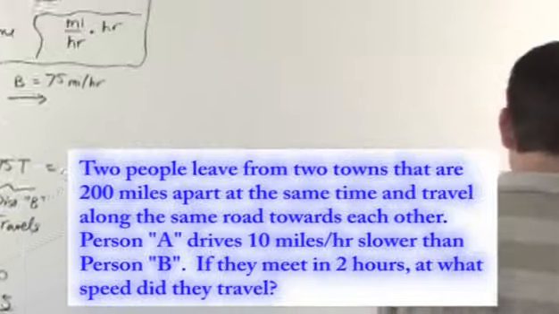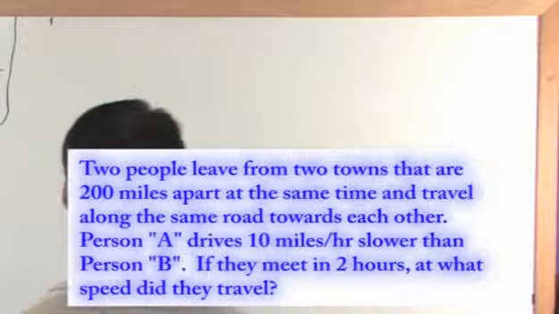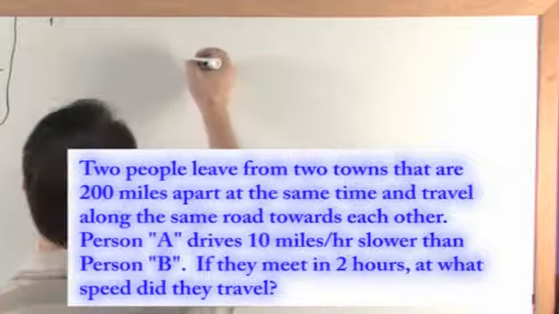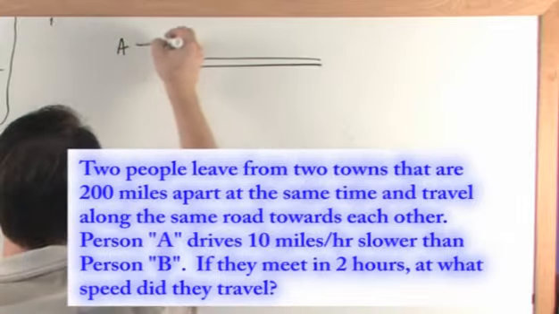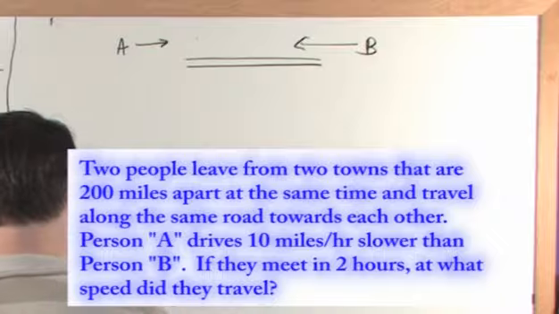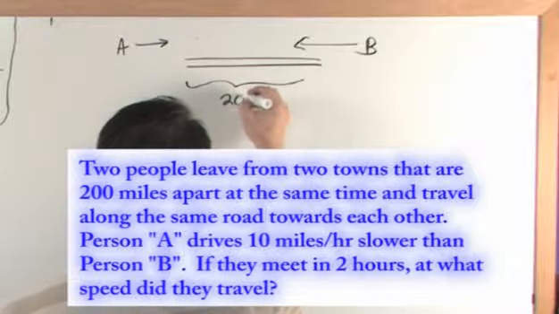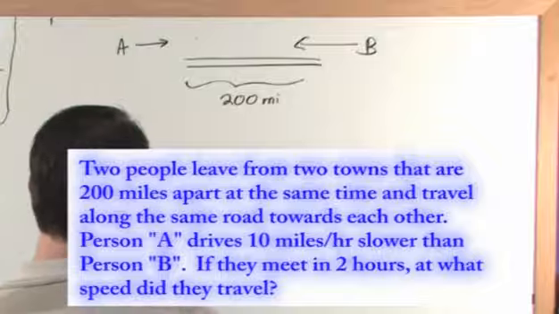So we have 2 equations and 2 unknowns because we're going to have to find the speed of person A and the speed of person B. Okay, so let's say you have a road here and you have person A going this way and person B going this way. You know that this road is 200 miles long, because it tells you the two towns are 200 miles apart.